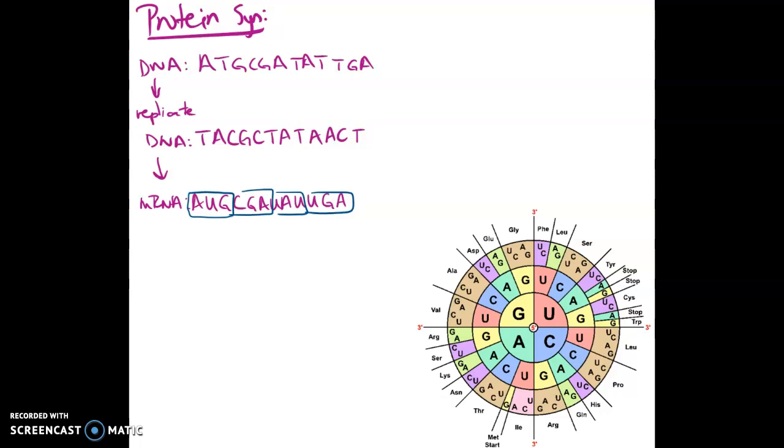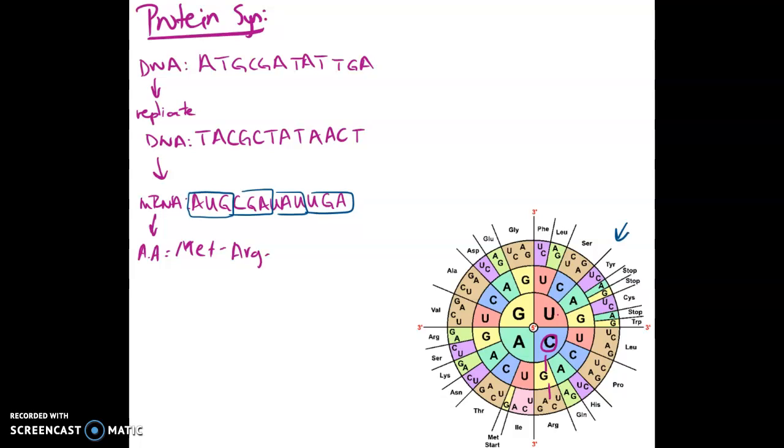And then you would use your codon chart in order to make that amino acid sequence. Right, so that would be translating, and that would be our amino acid sequence. And we already know that AUG is MET, right? But CGA, C, G, A is going to be arginine.